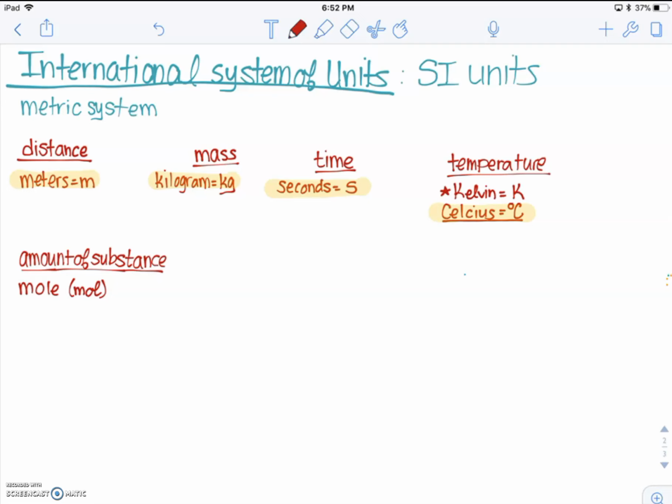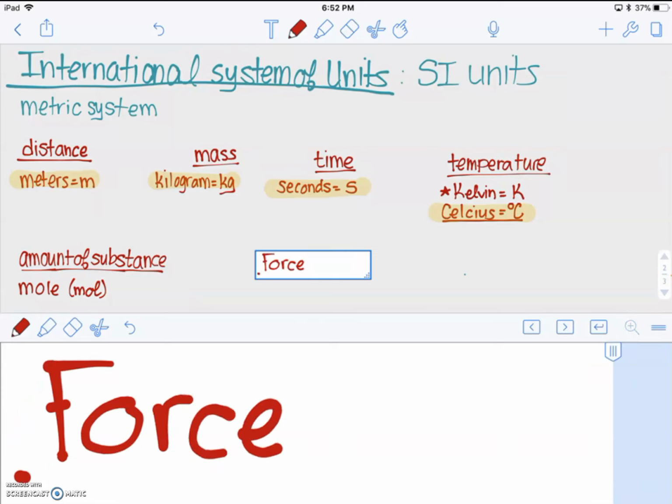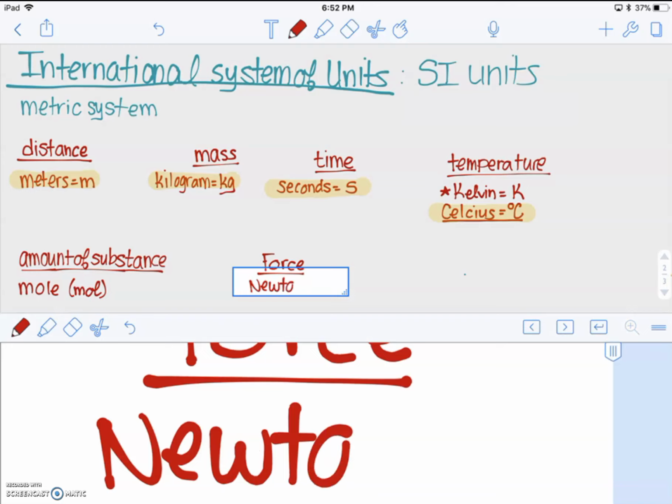The only other one I can think of that would be of help to you is if we ever talk about force. So our unit of force is going to be newtons, which, I'm going to make that a little bit nicer to read, is just a capitalized N. Now, this, again, is one where it's very tricky doing the shorthand version.